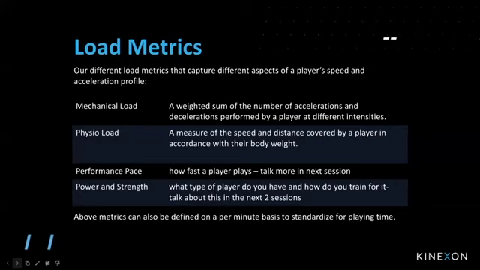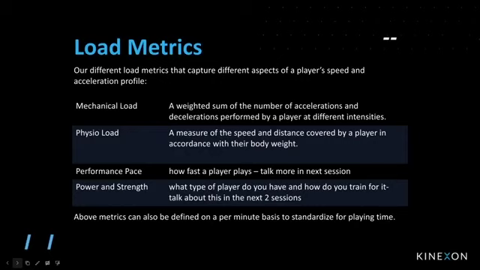Our physio load. Physio load is speed, distance covered by a player, and we use body weight as well. Now, people ask all the time, why are we using body weight? Why won't we just use distance? I get that distance, that's fine. But the reason I like to add body weight to our physio load is because I want to give credit to a big guy.